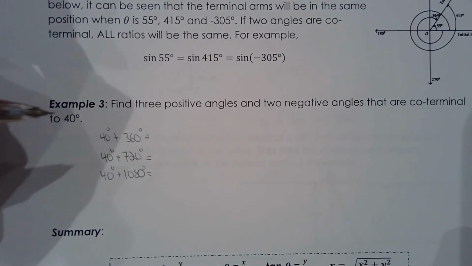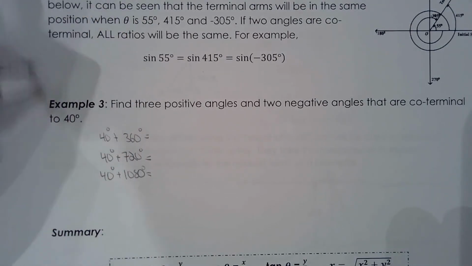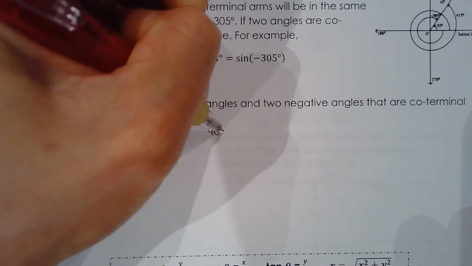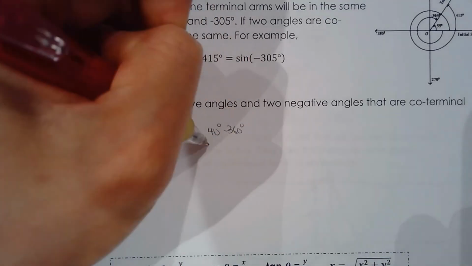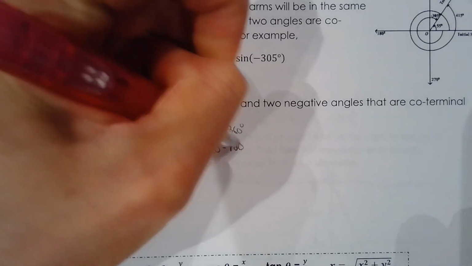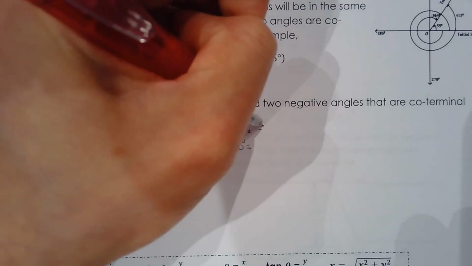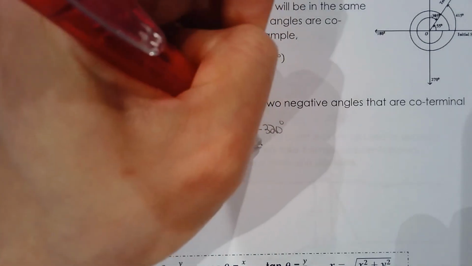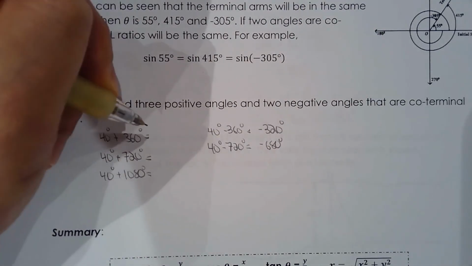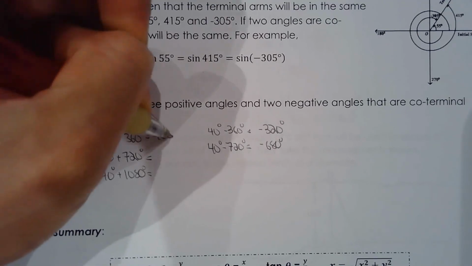And then take 40 degrees minus 360 and 40 degrees minus 720 degrees. That's negative 320 degrees, negative 680 degrees, and then 40 plus 360 is 400, 760, and 1120.